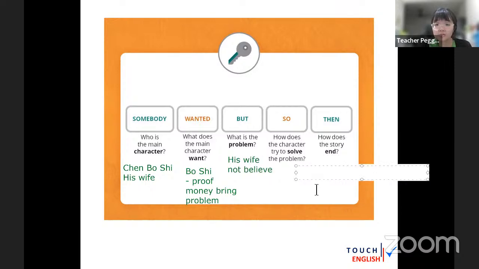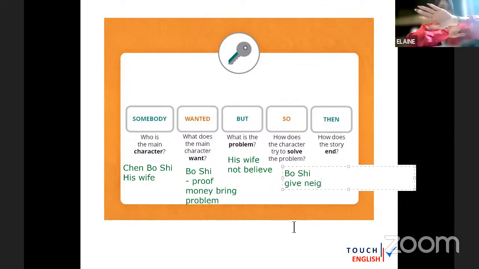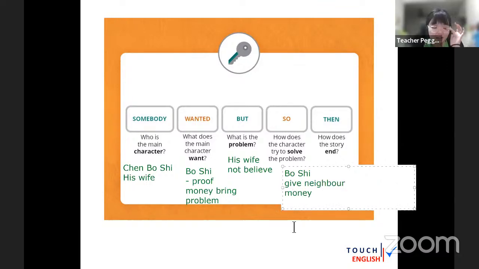So how to solve? Chemboshi gives the neighbor money. Give Lee money. Okay, give his neighbor money. Why does he give money? He wants to see whether their neighbor is happy with the money or not.